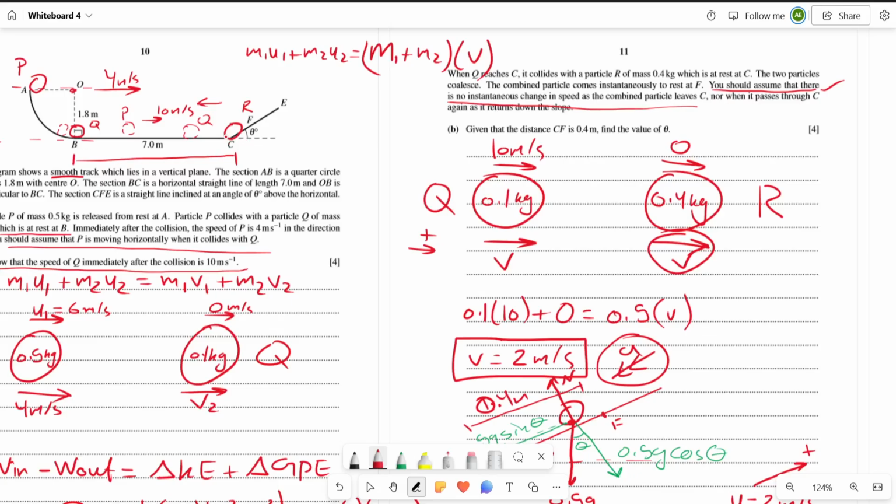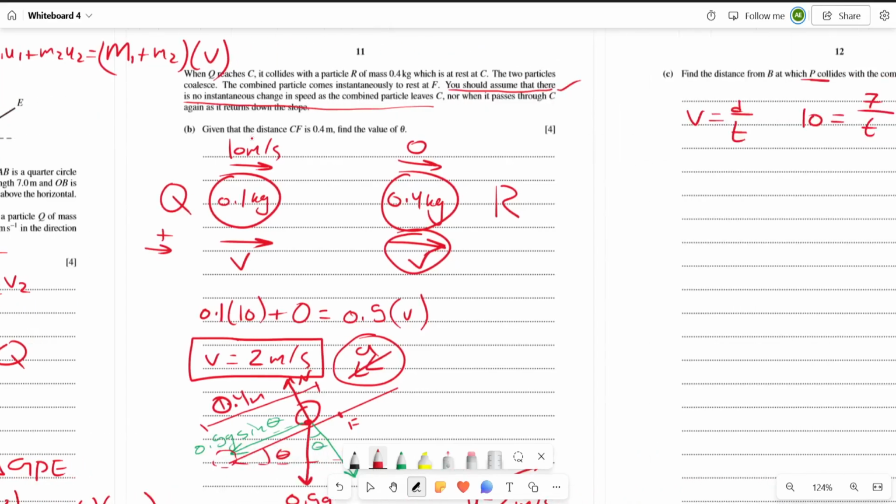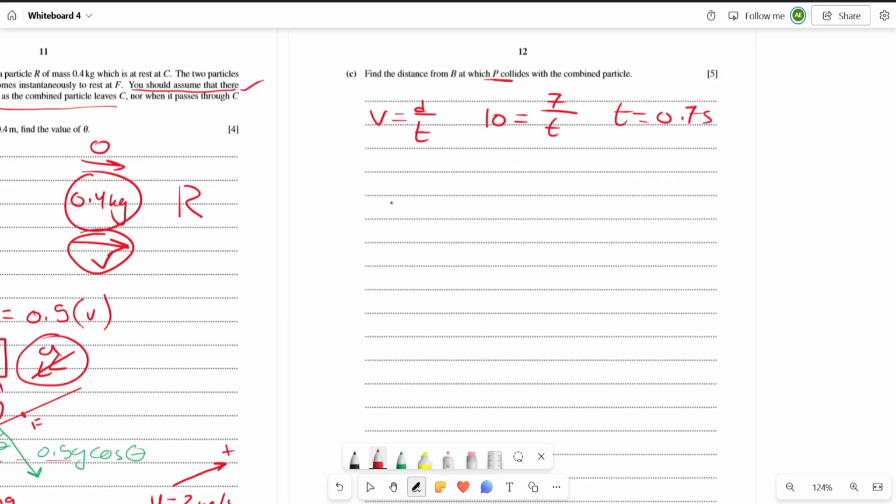Now I want to find the time it took for Q and R after their collision to go up to F and then come back to C again. So let's see how we can do that. Now, I know that for particle QR, the acceleration is 5 meters per second squared down the slope, right?